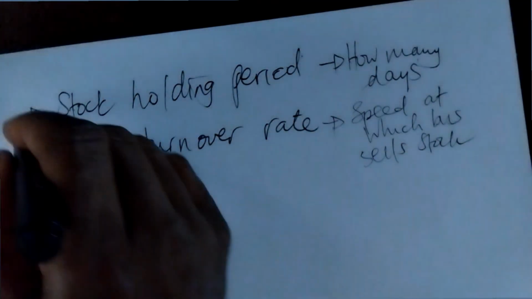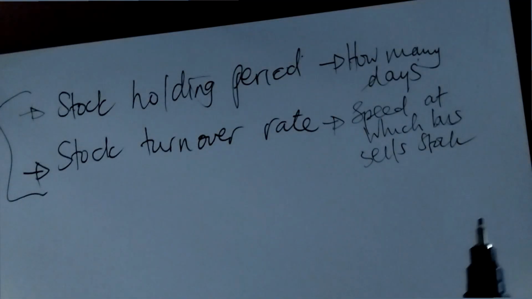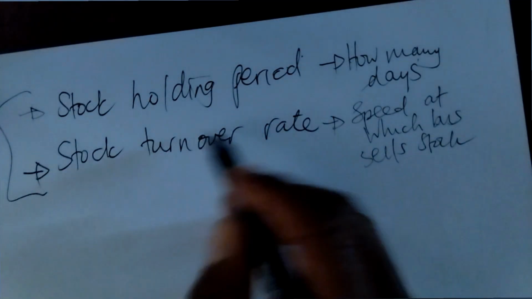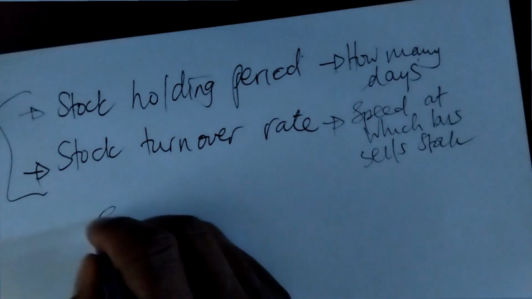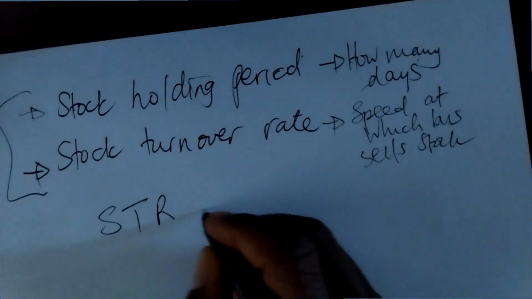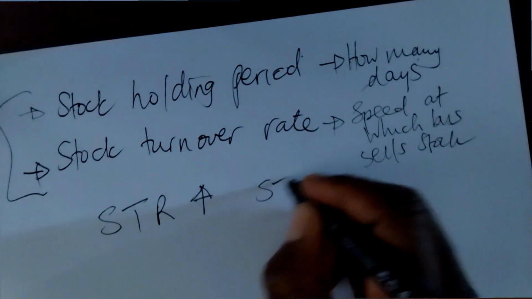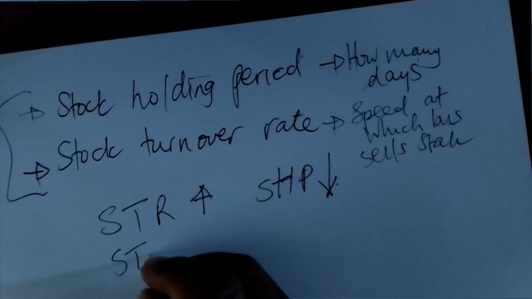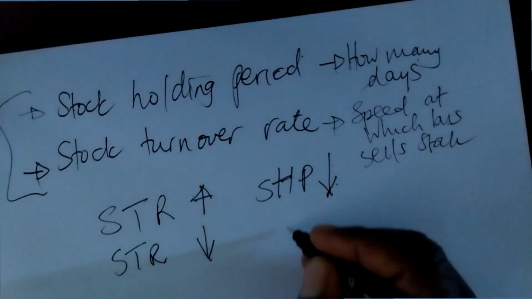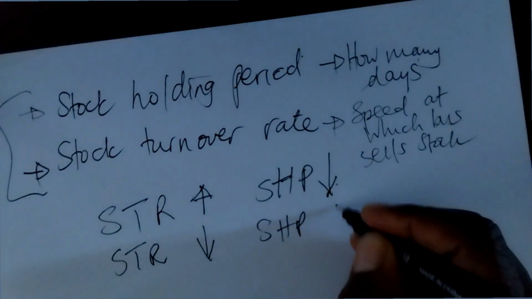The two of them are related in that if your stock turnover rate goes up, normally the stock holding period will go down. And if your stock turnover rate goes down, your stock holding period will go up.